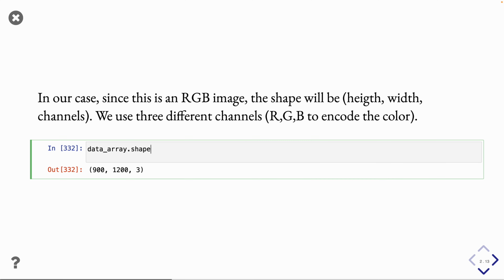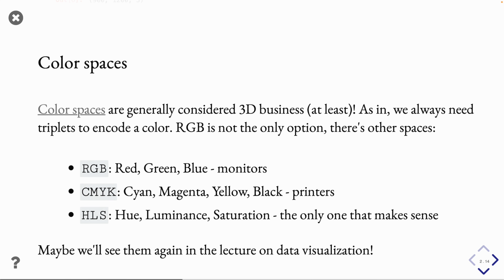In our case, we say that this is an RGB image, and so we expect the shape to have 3 elements, and the convention is that the color dimension is usually the last one. As long as you know what you're working with, it's not strictly necessary, but that's usually the convention.